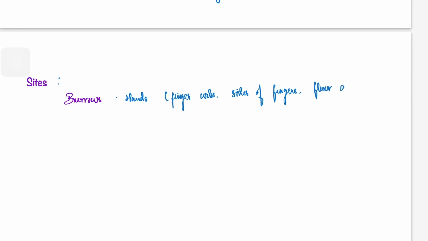And what are the classical sites of scabies? You can see these burrows on the hands. So where could you see it on the hands? You can see it in the finger spaces, on the sides of fingers, or in the flexor aspect of the wrist.